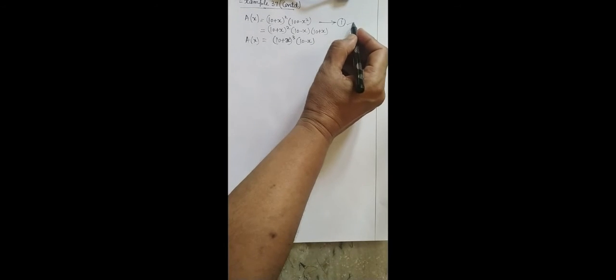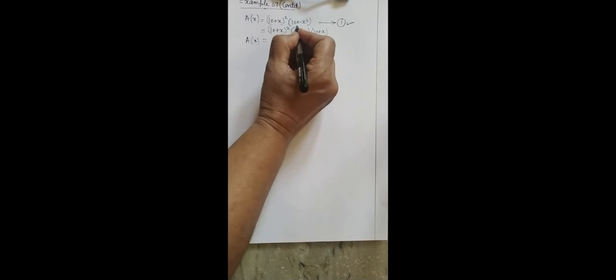So my area function is A(x), which is 10 plus x whole square into 100 minus x square. I will be marking it as result number 1. Now children, it is already in the single variable x. So there is no need of converting it into a single variable. Now I am marking the area function A(x) as result number 1.